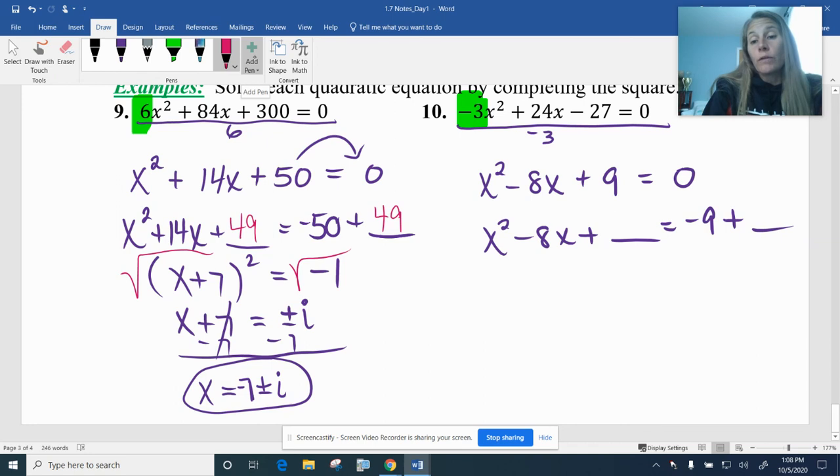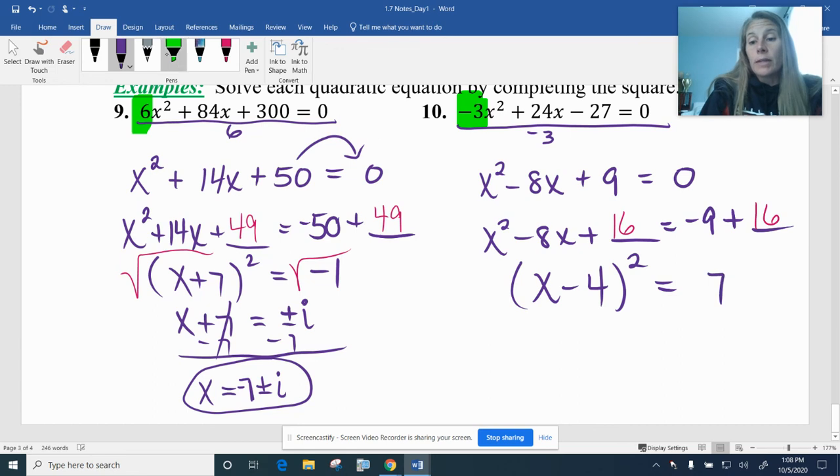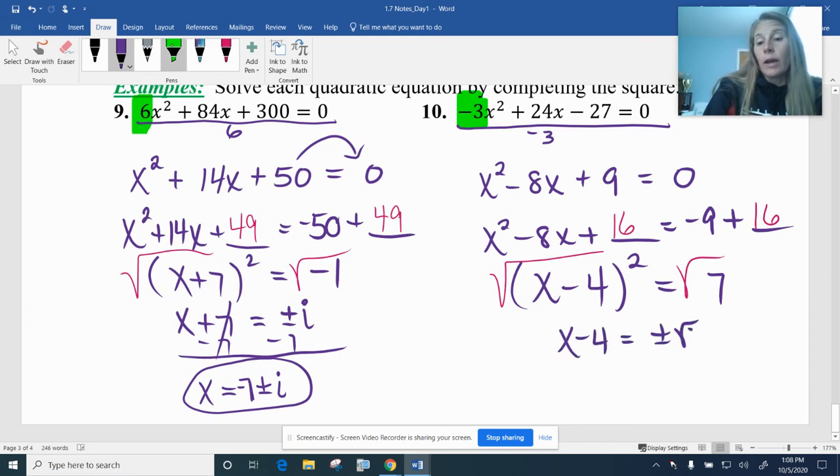Half of 8 is 4, and 4 squared is 16. Now I can factor my perfect square trinomial into a square of a binomial, x minus 4 squared. And over here I have a 7.